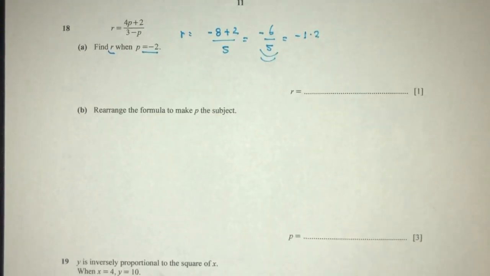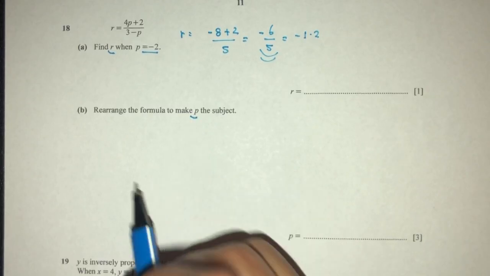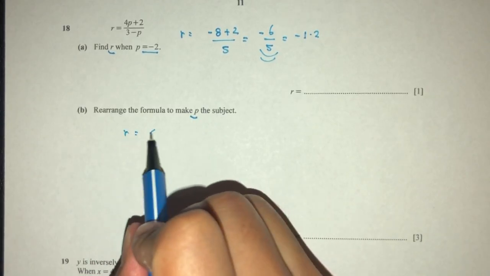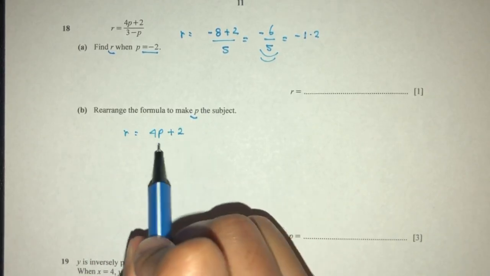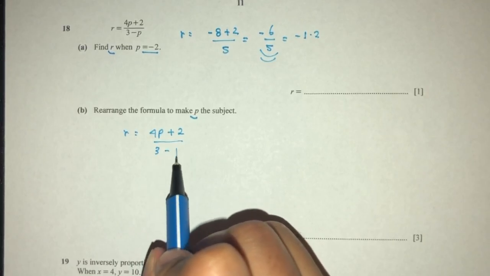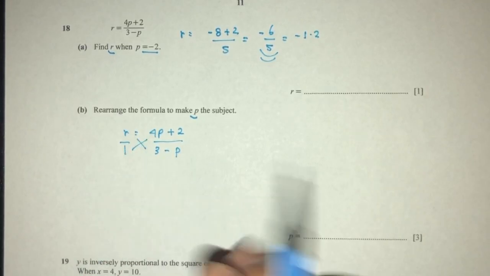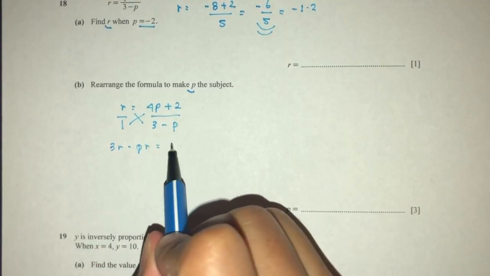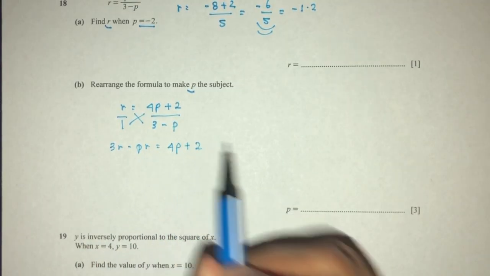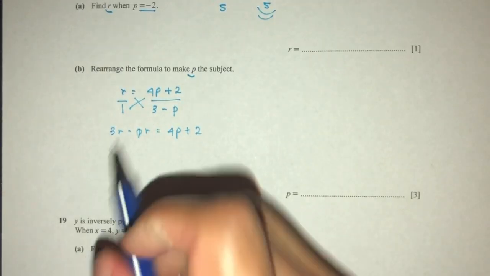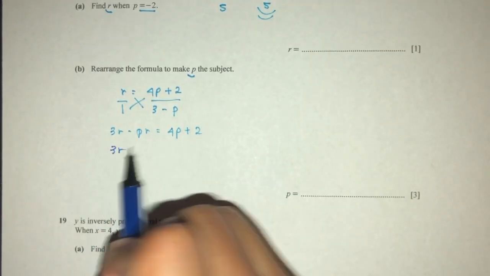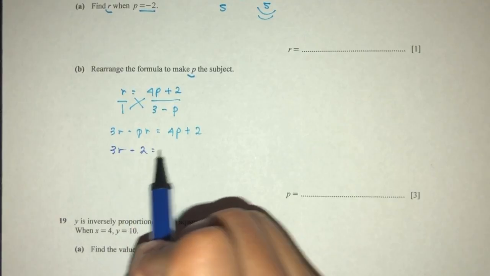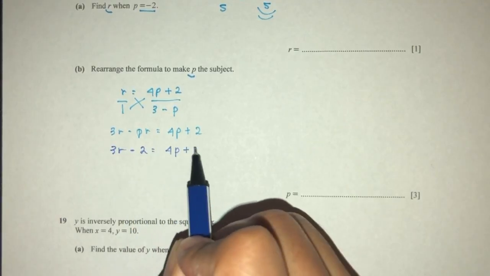Now part B, we have to rearrange the formula to make p the subject. So step by step, we have 4p plus 2 over 3 minus p. We can first cross multiply it, right? You will have 3r minus pr is equal to 4p plus 2. Now let's bring all the p's together. We send the p over here. You will have 3r, send this one over here, it becomes minus 2, equal to 4p plus pr.